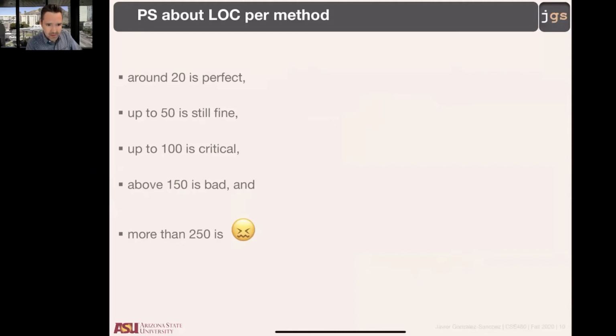If you have a method and your method has around 20 lines of code, that is very good. Lower than 20 is a method that probably should not be a method, probably should be merged with another thing. Again, this is something that you need to review. It could be a constructor, and the constructor is initializing only one variable, therefore you have only one line. Nothing can be done in that case.